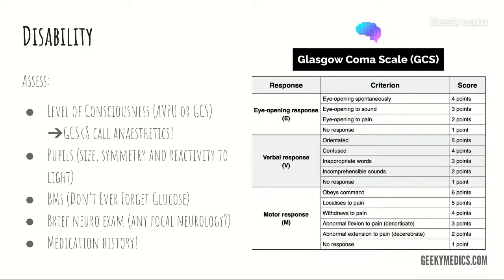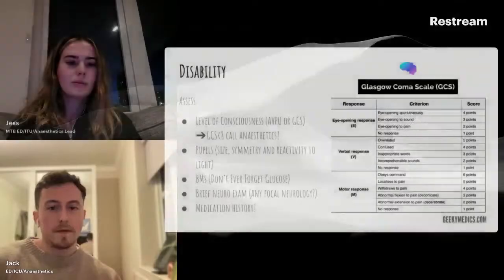Something people forget a lot is pupils, and pupils can actually tell you quite a lot. You want to assess the size, symmetry, and how reactive they are to light. Size-wise, if you've got teeny tiny pinpoint pupils, you might be thinking this could be an opioid overdose.